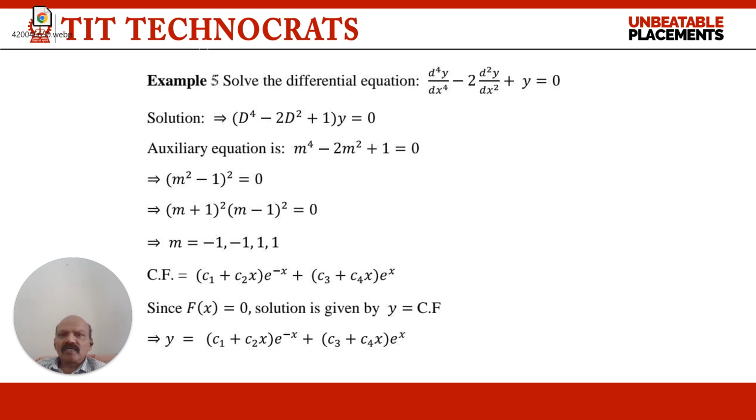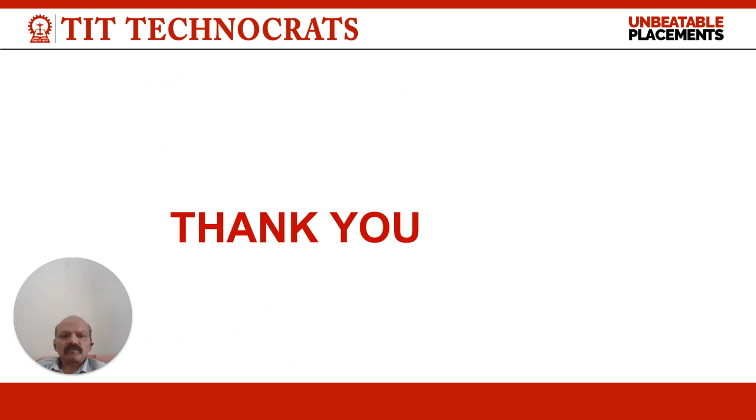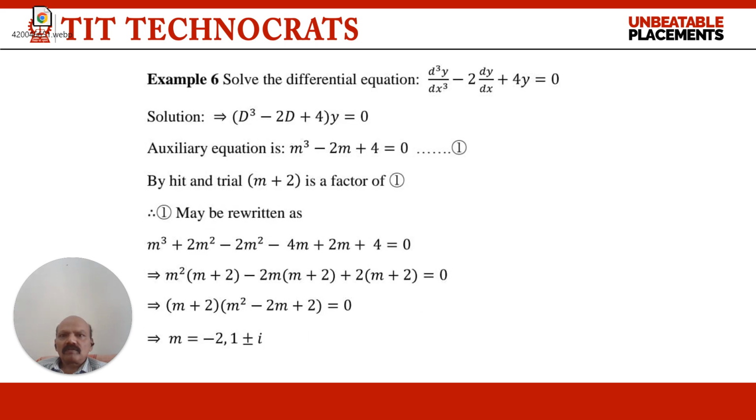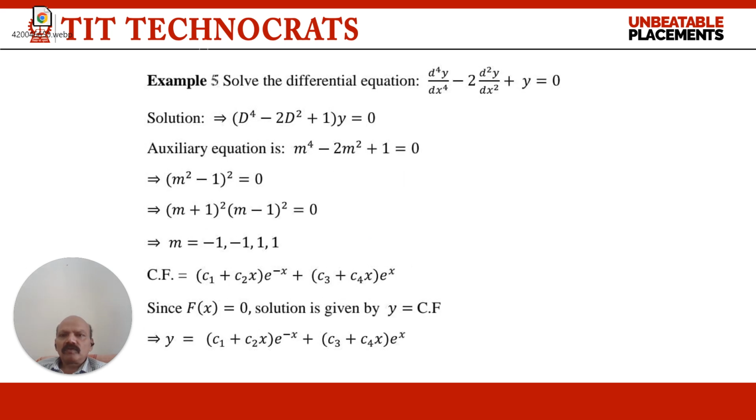Now you see, for C1 and C2, we will take the first minus 1. So the solution will be (C1 plus C2 x) whole into e raised to minus x.